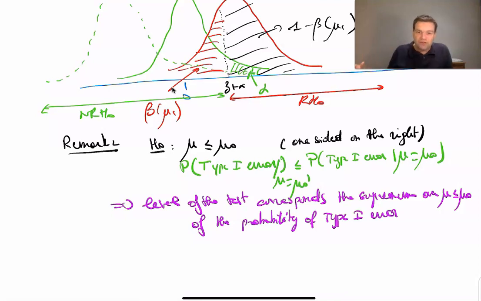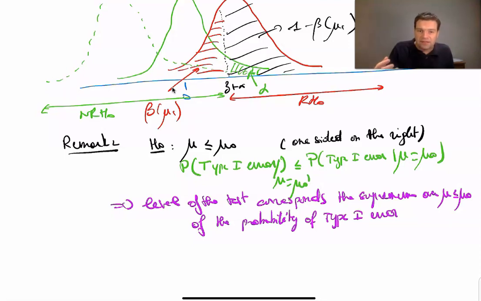The level of the test is defined as the supremum of the probability of the type 1 error, the supremum over all the possible values that are assumed in the composite hypothesis under the null hypothesis, over all the parameters that are tested under the null hypothesis.